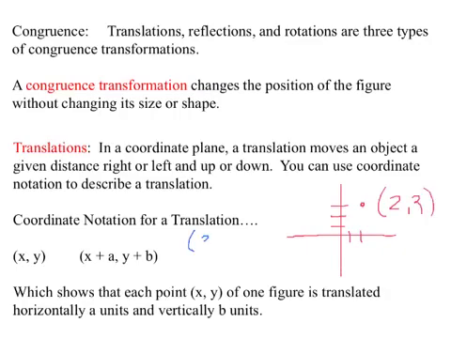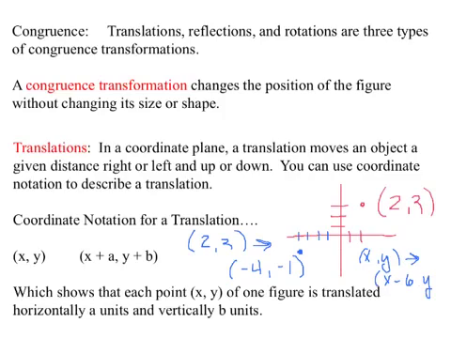If our original is (2, 3), if I move this to (-4, -1), we just did (x, y) goes to, now 2 to -4 is x minus 6.